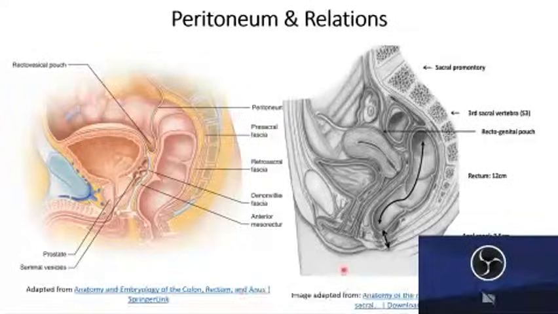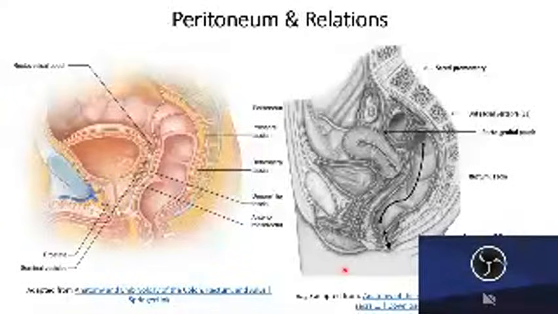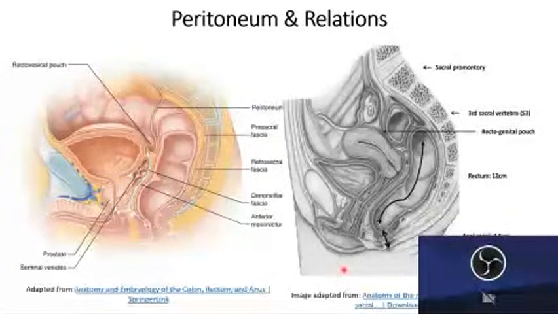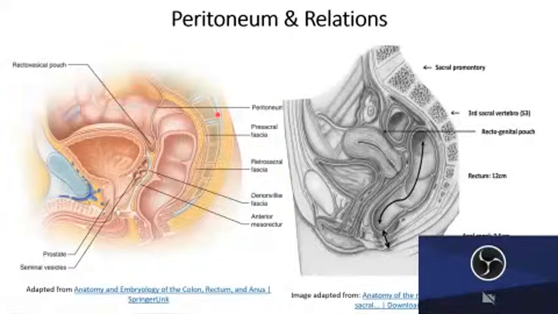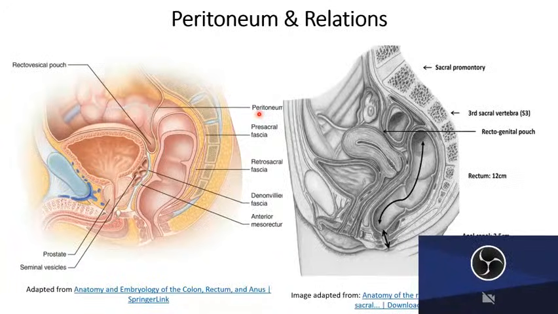Now let us quickly look at the peritoneum. When I take a bit of a look at the peritoneum, I'll still come back to the comment section to see if there are any challenges we are having. When you have a lecture on the abdomen, the peritoneum is one of the topics you would need to cover.